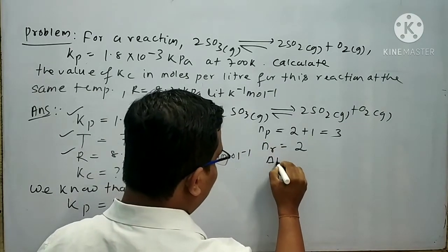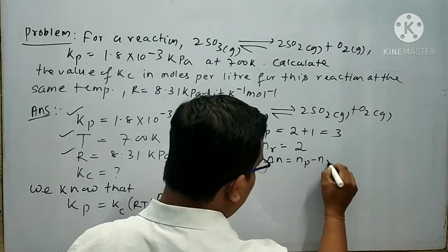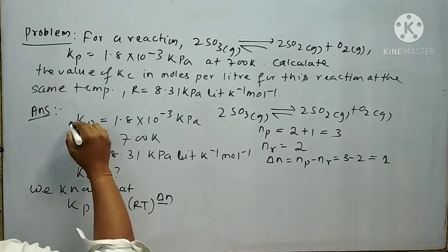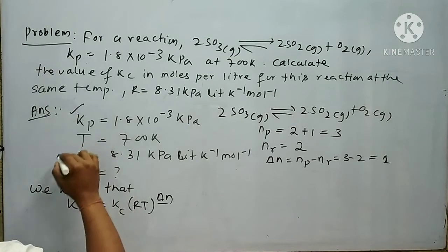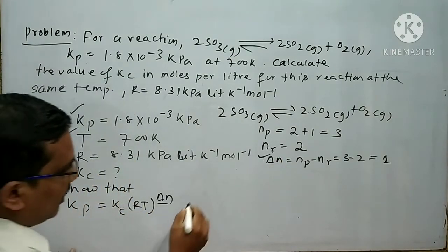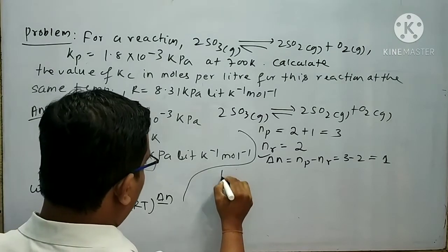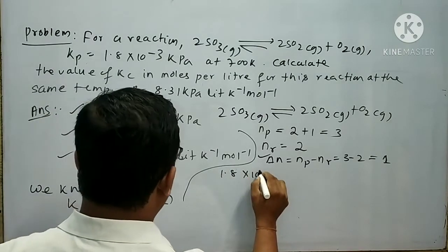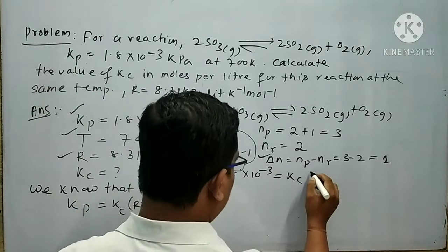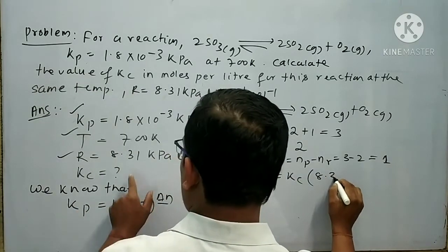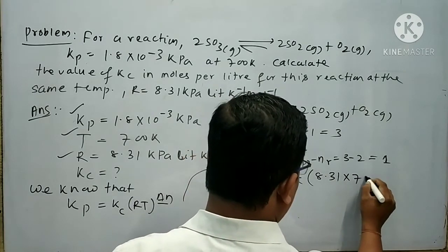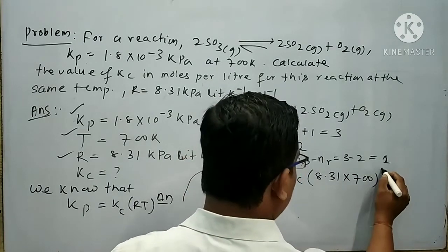Now the value of del n equal to Np minus Nr equal to 3 minus 2 equal to 1. Now put the value of Kp, T, R and del n in this equation, then I can write 1.8 into 10 to the power minus 3 equal to Kc into 8.31 into 700 whole to the power 1.